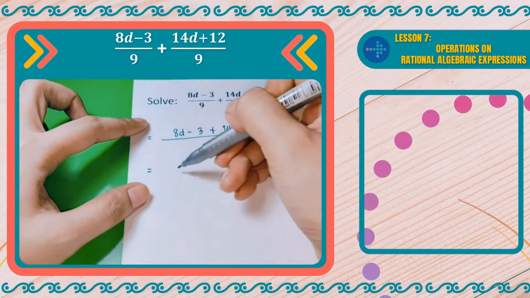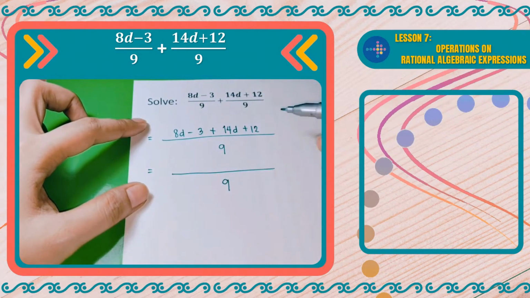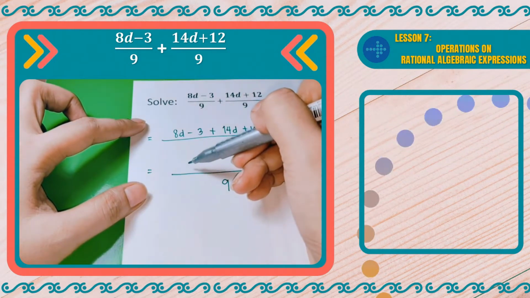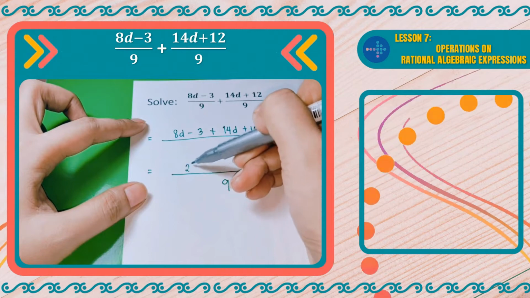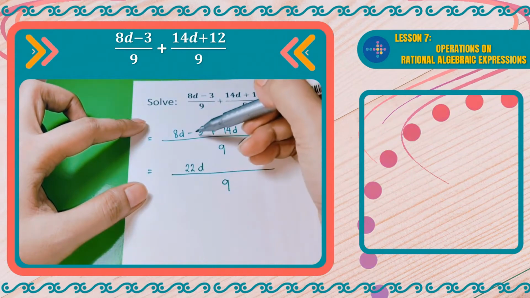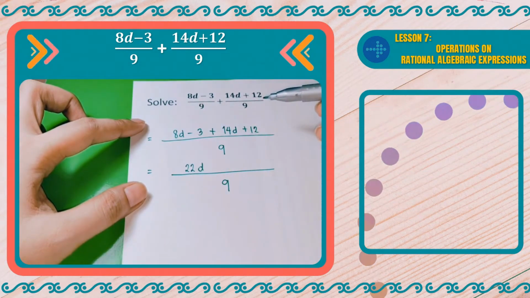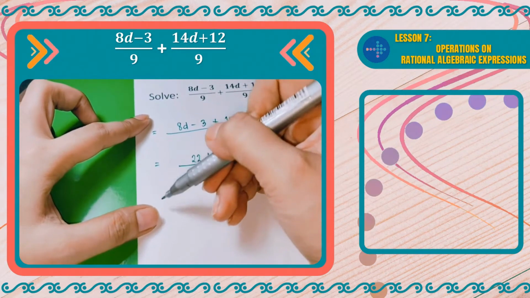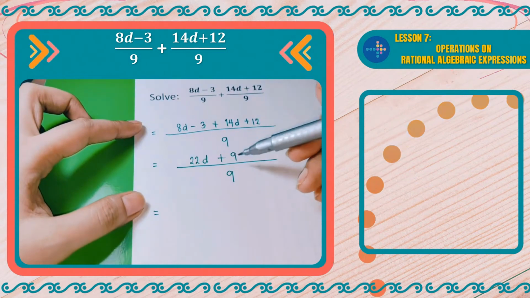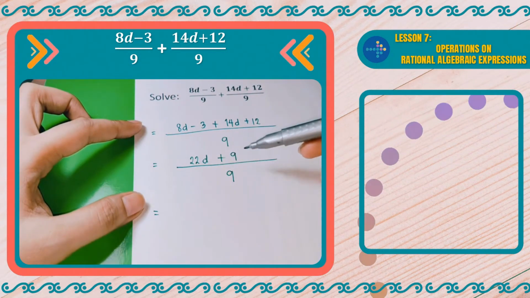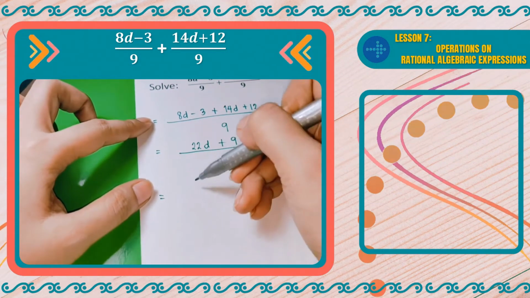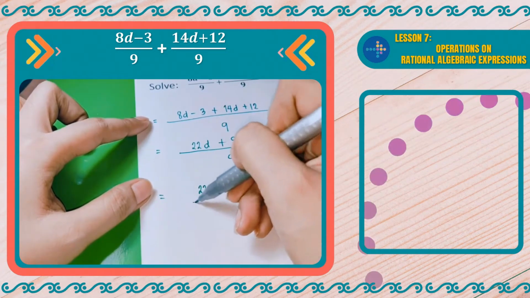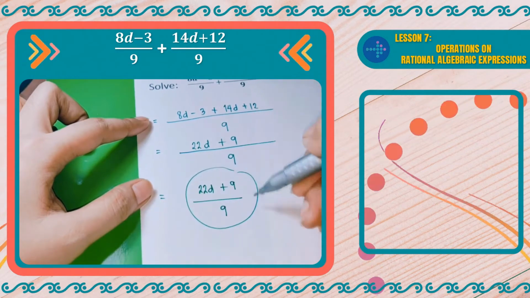Combine similar terms. 8d and 14d, when we add, the answer is 22d. Then, negative 3 and positive 12, when we add, the answer is positive 9. Let us check kung pwede pa natin isimplify. 22, 9, and 9, wala silang common factor. Therefore, the final answer is 22d plus 9 over 9.